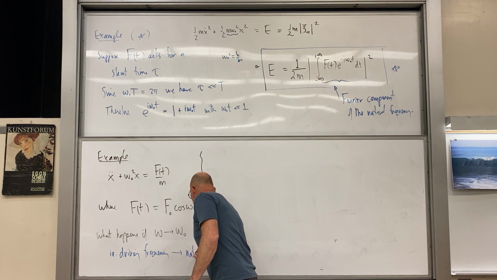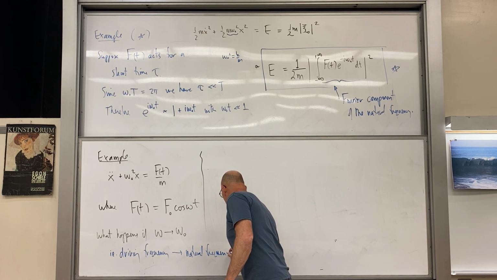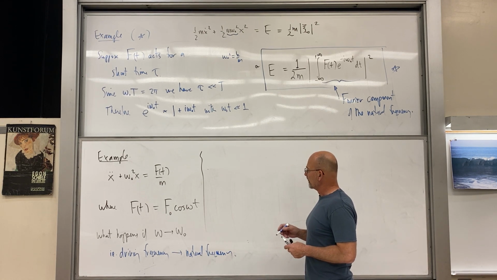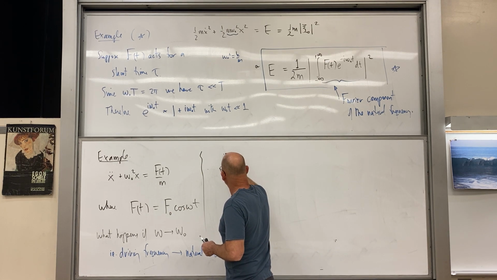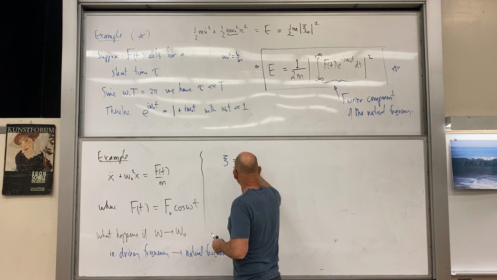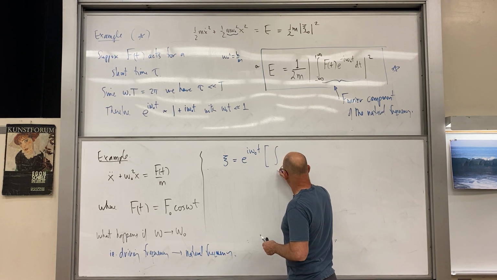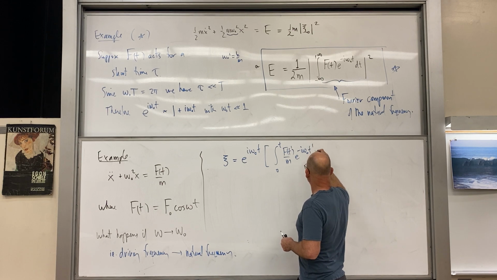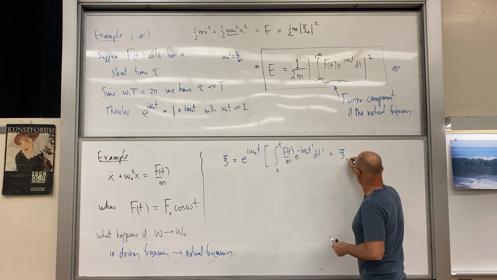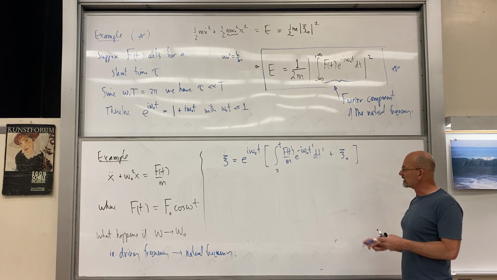Let's have a look. So again, we know that we have to find c e to the i omega naught t, the integral from 0 to t of f of t prime over m, e to the minus i omega naught t prime. The initial condition is uninteresting, and so we're again going to let it be equal to 0.